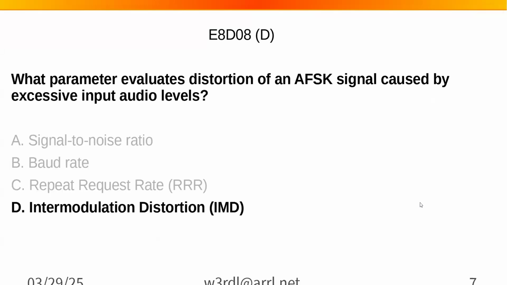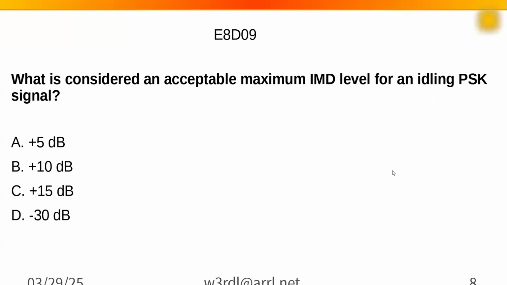Intermodulation distortion. What's considered an acceptable maximum IMD level for an idling PSK signal? Minus 30 dB. It's much higher than we say.